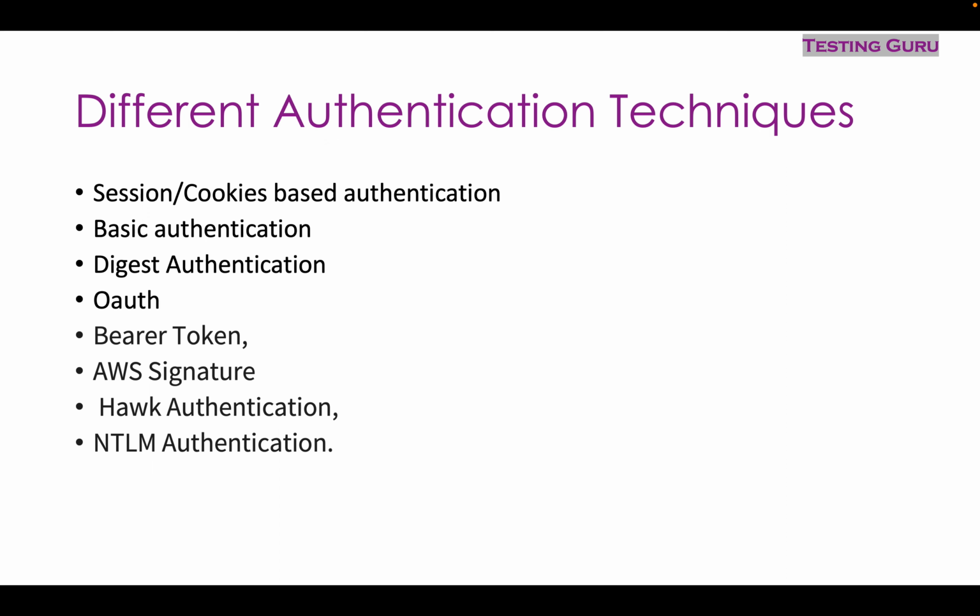And bearer token, and AWS services use AWS signature authentication, and Hawk authentication, NTLM authentication. So there are different kinds of authentication we need to handle as part of API testing. That's the reason I'm covering it here.